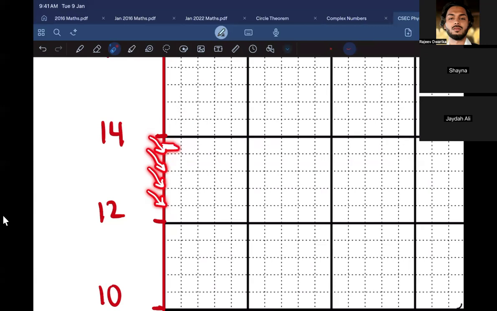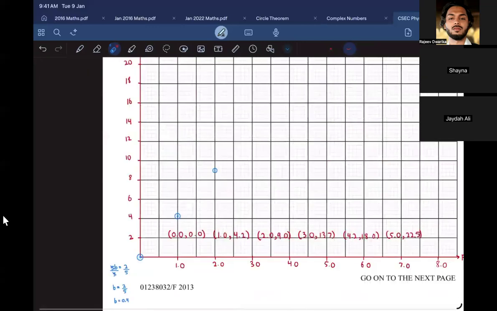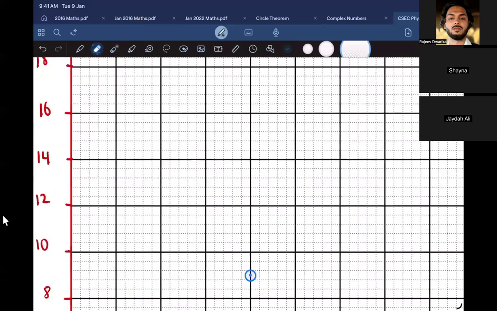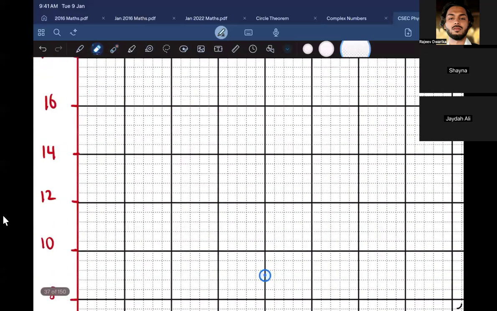But yes, I understand where you're going with it. Somewhere over there. They're not going to be too hard on you, but it has to be in the general vicinity. It's going to be a little below the half mark, because the half mark would be 13.8. We know this would be 13.6 and this would be 14.